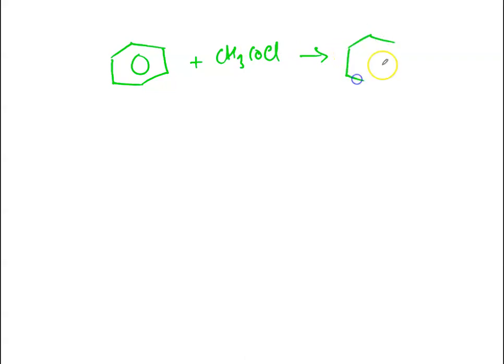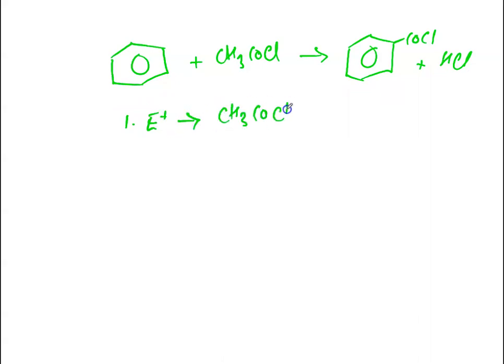So I'll do one reaction here, between benzene and CH3COCl that forms the product, we call this acylation, and HCl. So number 1, let's generate my electrophile E+. CH3COCl reacts with aluminium chloride to form CH3CO+ and AlCl4-.